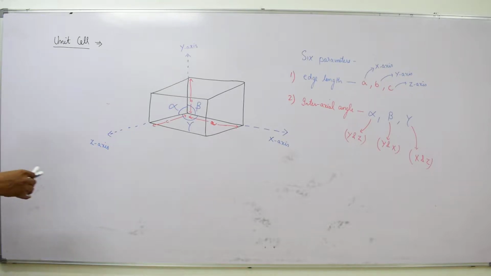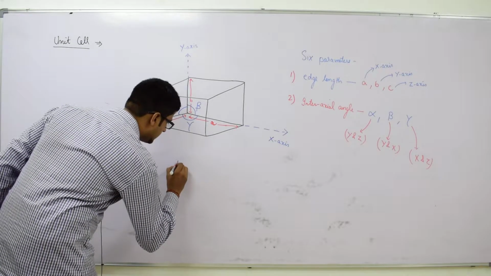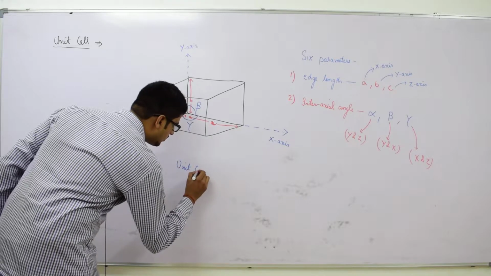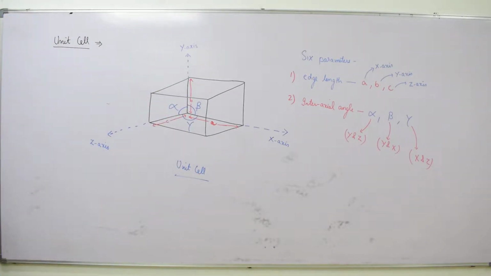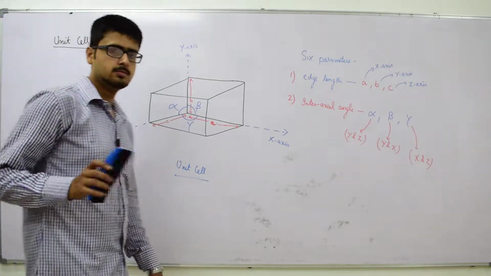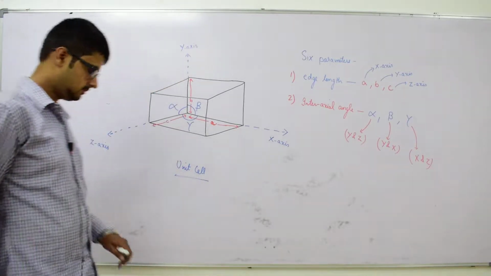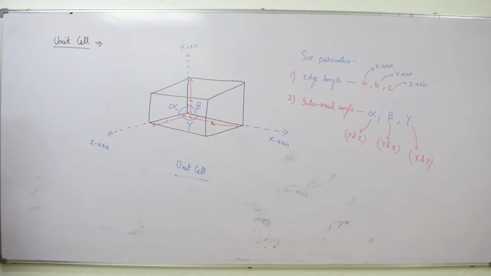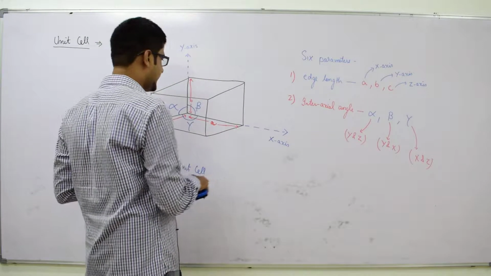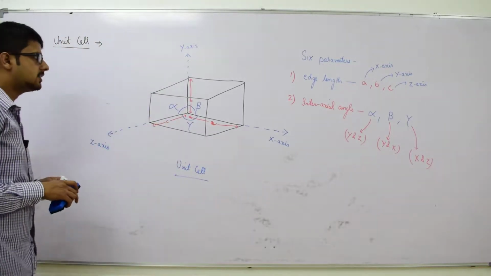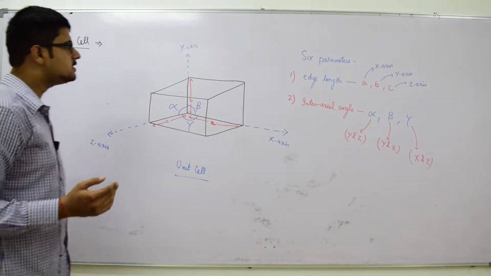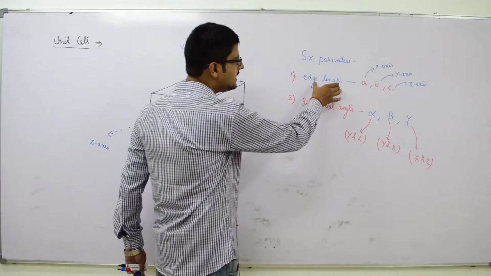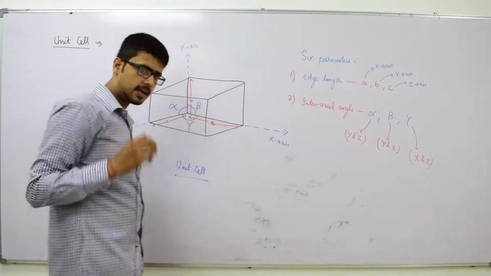So, this is our single unit cell expanded in a 3D Cartesian coordinate system, x axis, y axis and z axis. After this we have 6 parameters, 3 edge lengths and 3 interaxial angles.